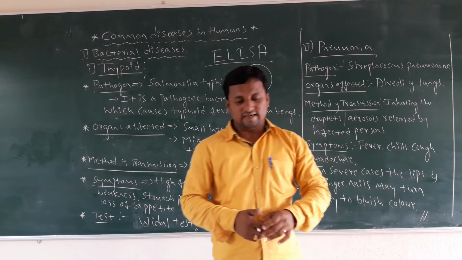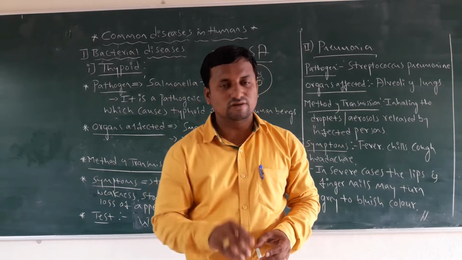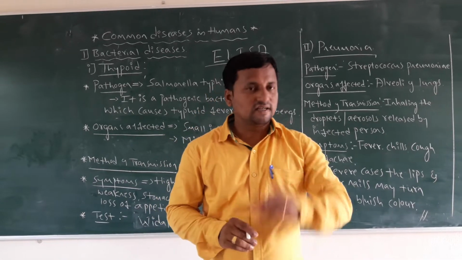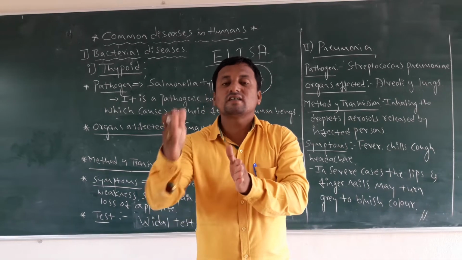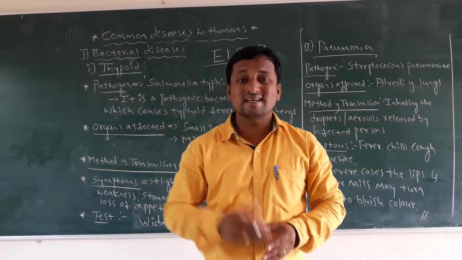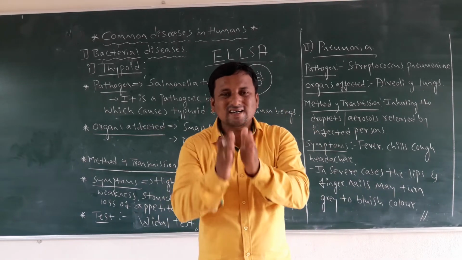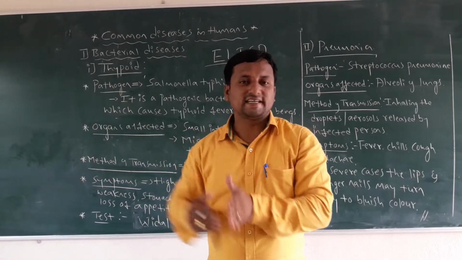It is also called Diplococcus pneumoniae or Haemophilus influenzae. See the other names; the alternative names may be asked at CET or NEET level. That's why you must remember the alternative names of this bacteria.